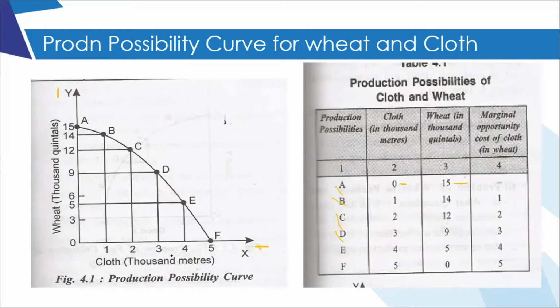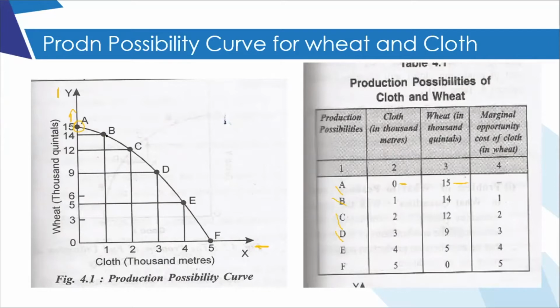Come to this side, on the x-axis your cloth is 0 and wheat is 15. Can you see the first point on the y-axis? Yes, ma'am. Here your wheat is 15 and your cloth is 0. So you are on the y-axis, there is no production of cloth happening.